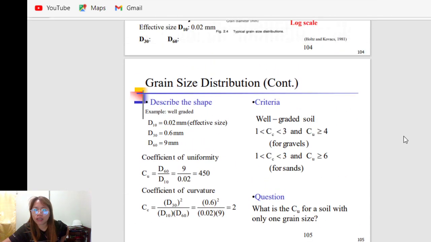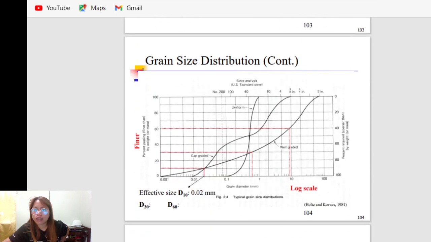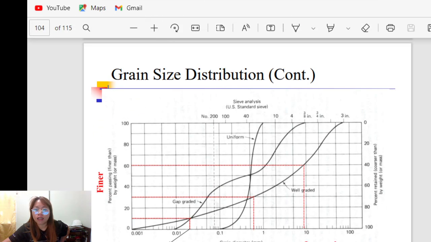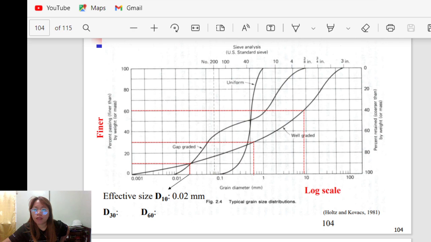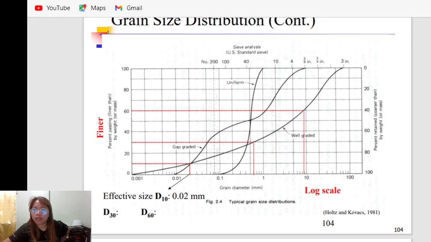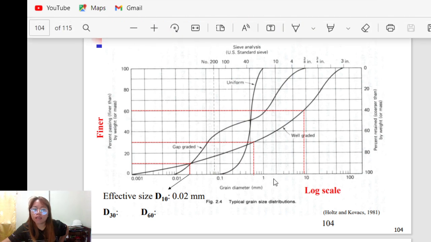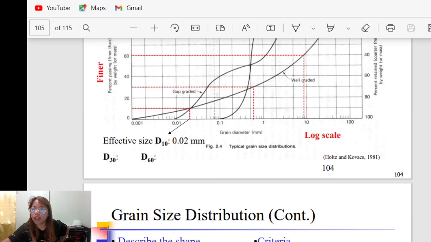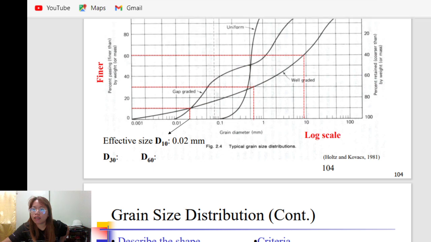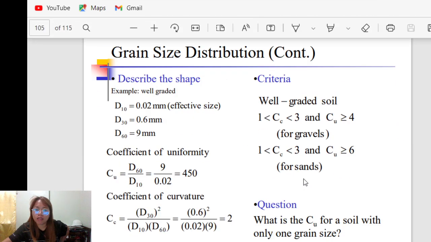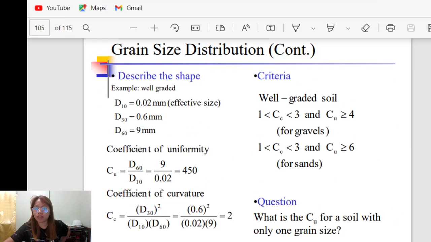And for the D60, that is 60% passing, or finer, the size is 9 millimeter. Since this is 10, it did not reach 10, so 9 millimeter.